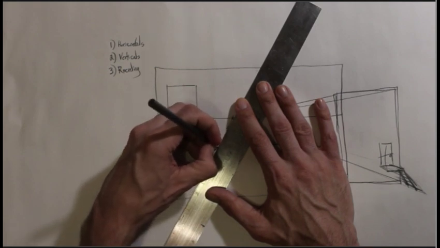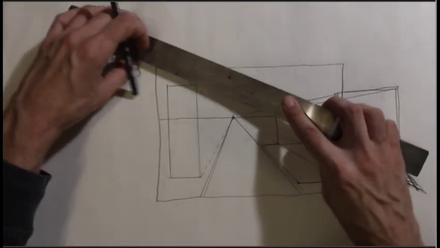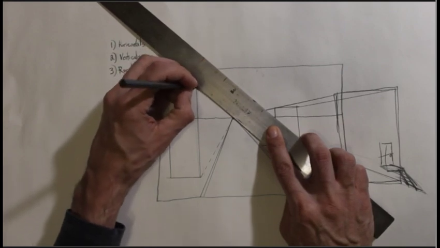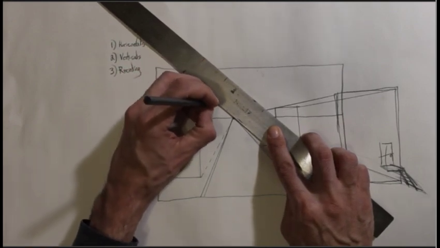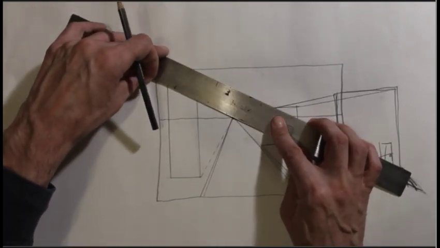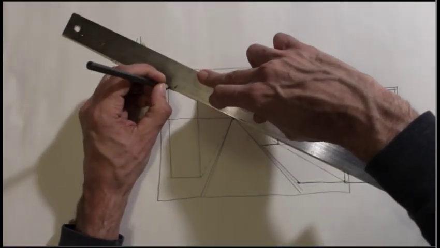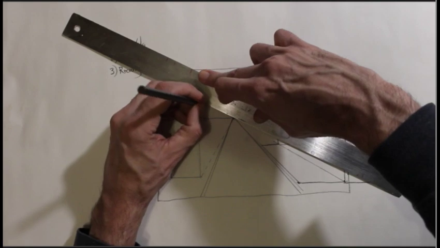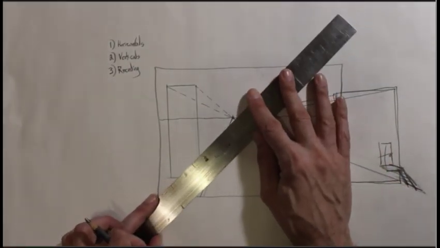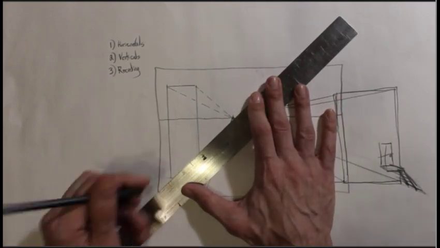And we can just imagine the lines stretching all the way back to that vanishing point. You don't have to draw the whole line receding all the way back to the vanishing point every time. I'm just doing this to help you understand where these lines are going.